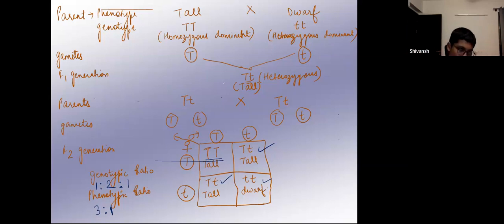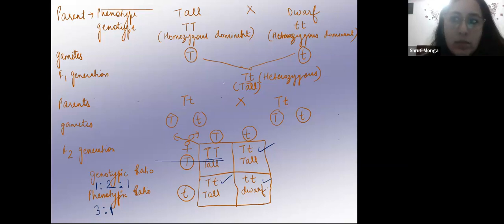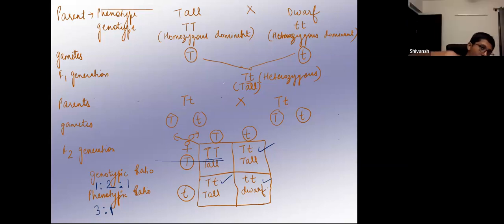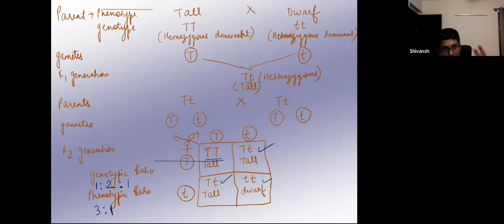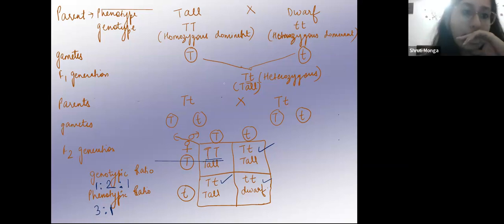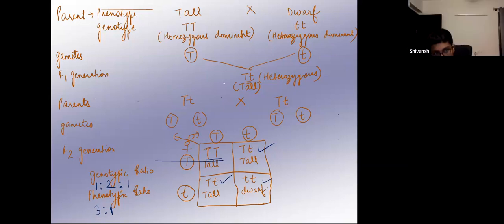Lower t would express the trait of being short. Assuming that capital T is the dominant trait, that would mean capital T would express itself and lowercase t would be suppressed. So the dominant trait is going to express the trait, and the recessive trait is going to be suppressed by the dominant trait.